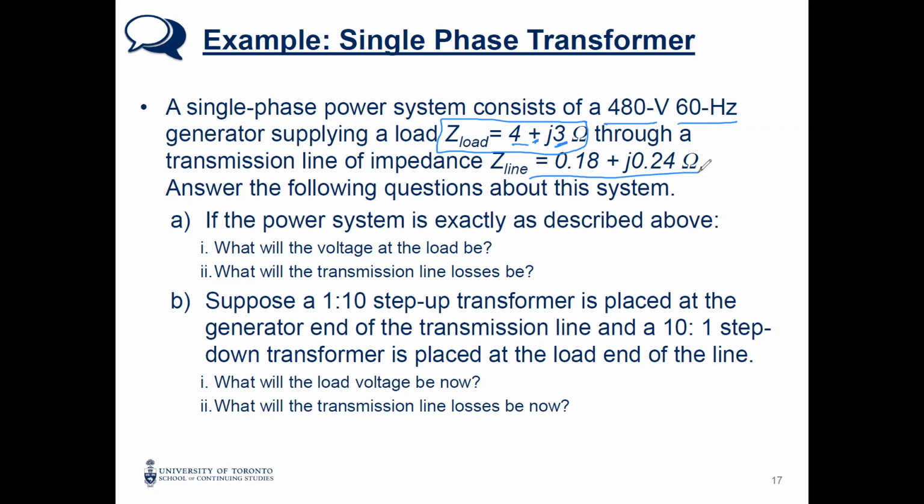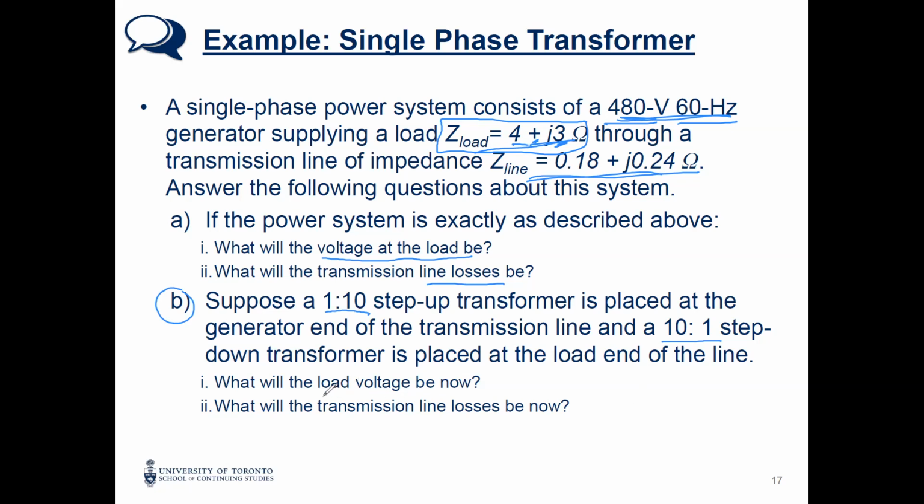The first one, you will study the losses and the voltage at the load. The second one, instead of connecting your source directly to your load through the transmission line, you will have two transformers. The first one is a step up 1 to 10. And then at the load, you will make 10 to 1. Step up and step down transformer.